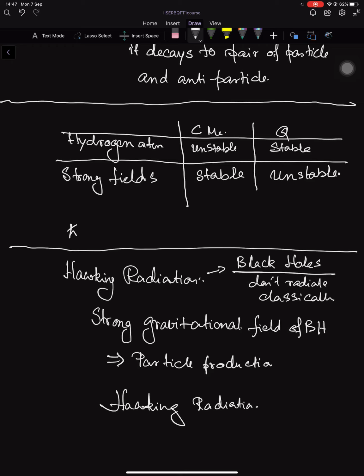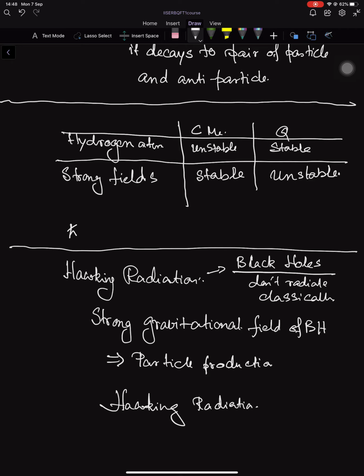Okay, so probably many of you have heard that Hawking radiation is still a very active area of research, and it is still not completely well understood how unitarity is restored in Hawking radiation and all this. But I would like to draw your attention to this simple phenomenon, that a strong electric field gives rise to particle production. This is a very central theme, and there is a lot of research going on.